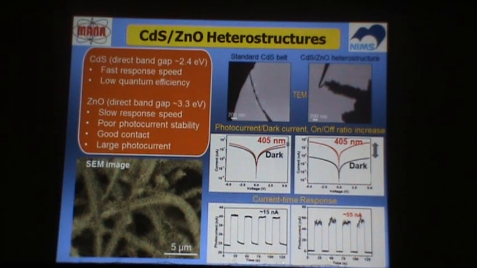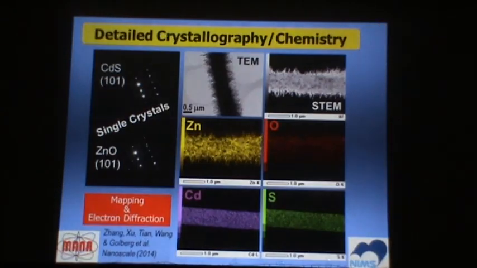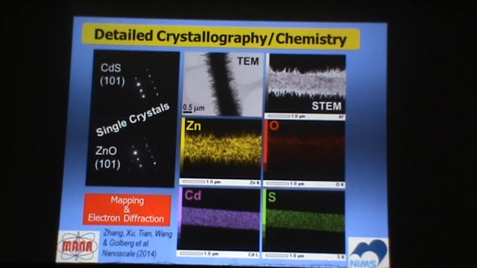Once you merge them in one structure, the material performs much better. You can see the on-off ratio increases dramatically for heterostructures. And at the same time, as I repeat many times, you can see all information about your material in situ. You can see zinc oxide branches, cadmium sulfide cores, and diffraction patterns, chemistry, whatever you want.